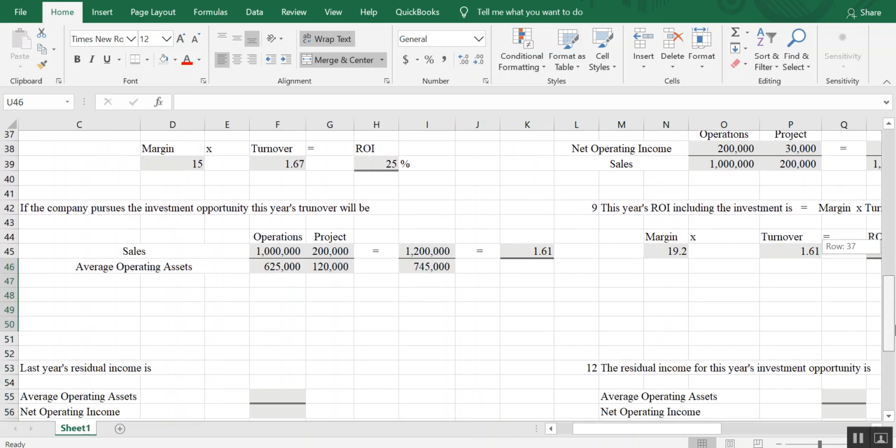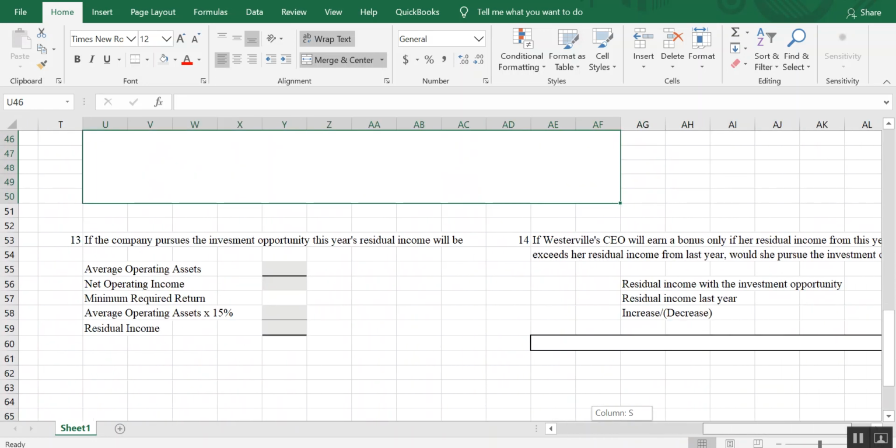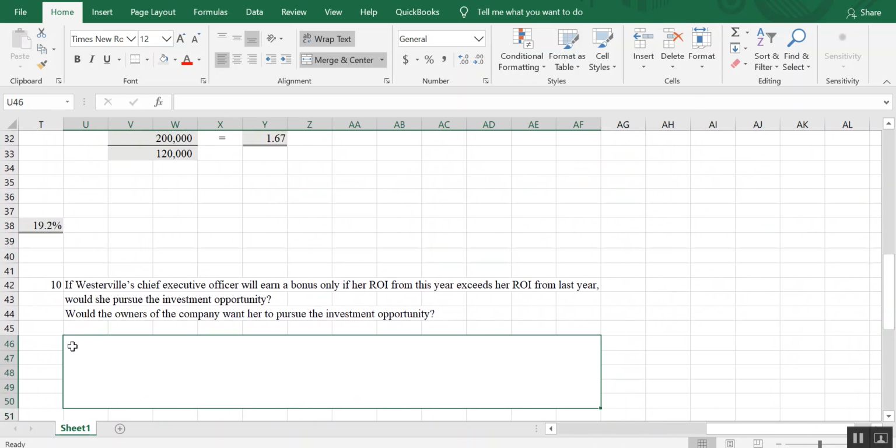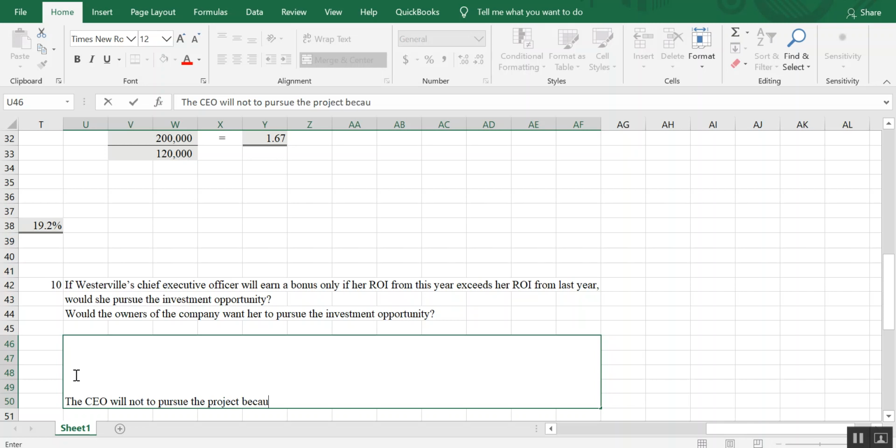So in this case, because her ROI drops, she won't earn her bonus. So we can assume that the CEO will not want to pursue the project because with the project included, ROI decreases, making her ineligible for a bonus.